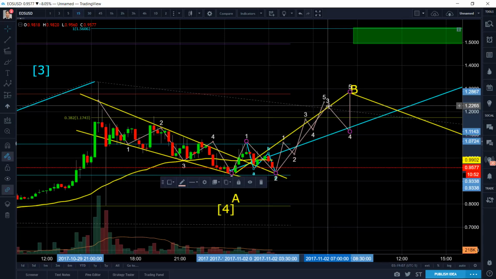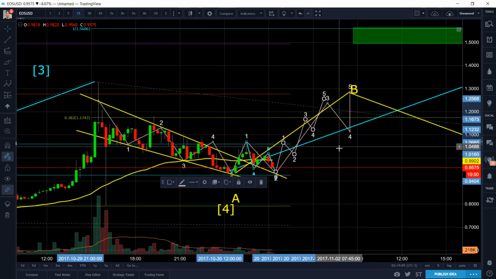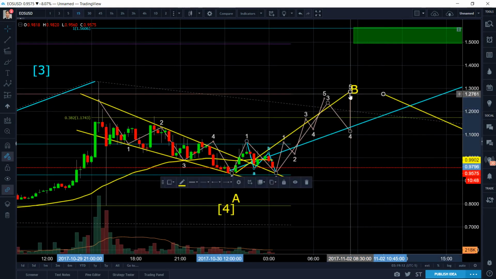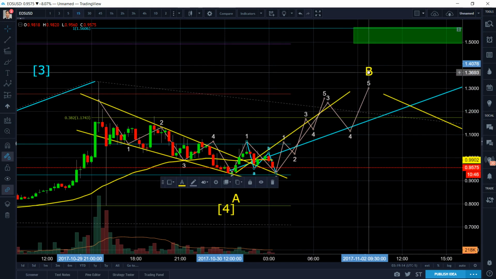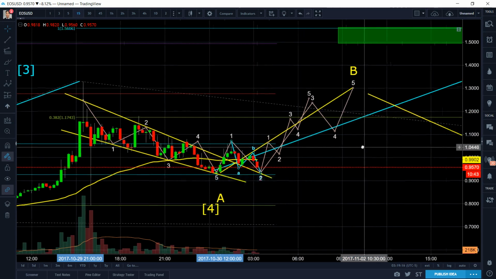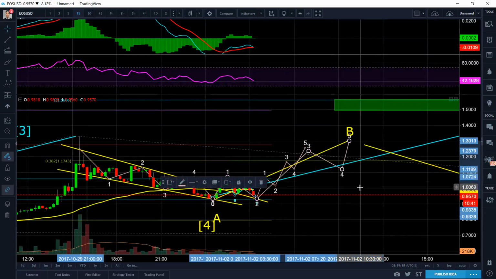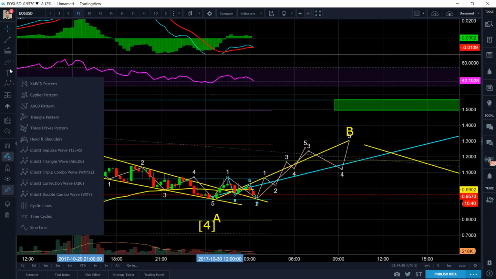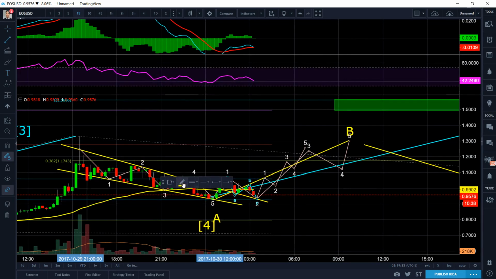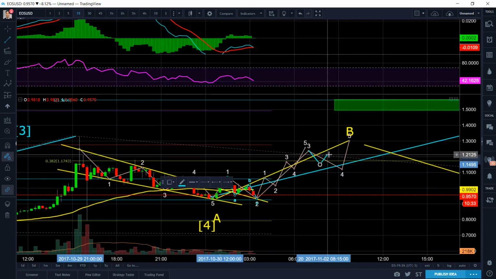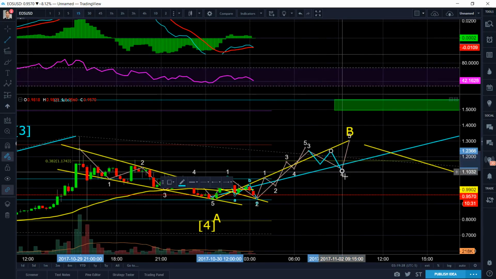Okay, see that, what I mean? And then this one will have 5 waves as well. Well, it should have an ABC correction, right? It should have an ABC correction like this. A, B, and then C, okay?